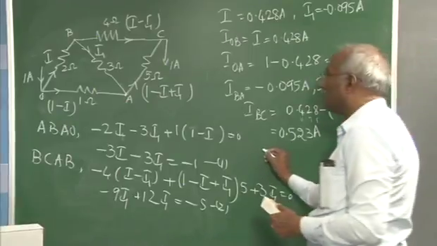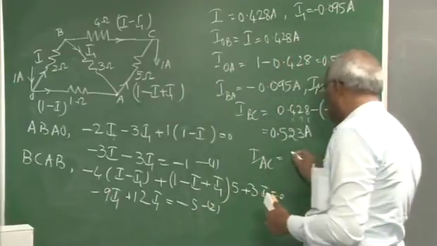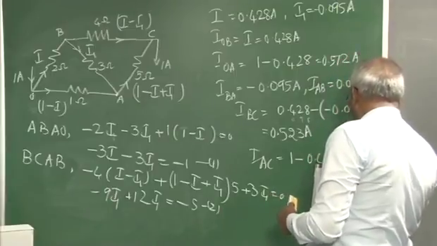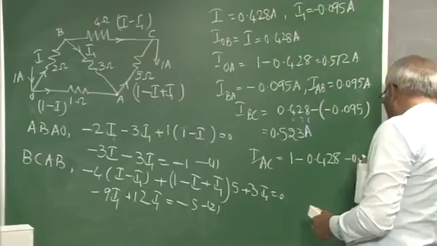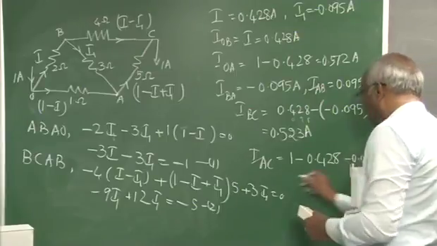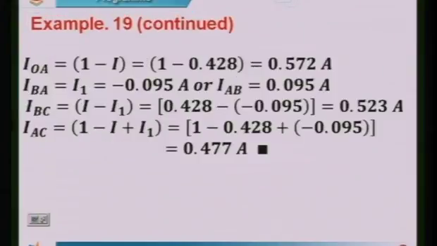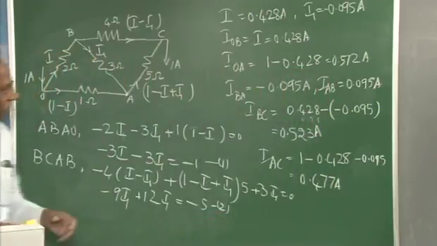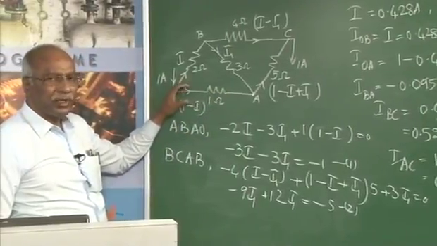And finally, the current IAC will be equal to 1 minus 0.428, minus of, plus is same as minus, 0.095 will give the value. That's it. So that comes to 0.477. Thereby we can find out the currents in different branches. This also is an example of the branch current method.